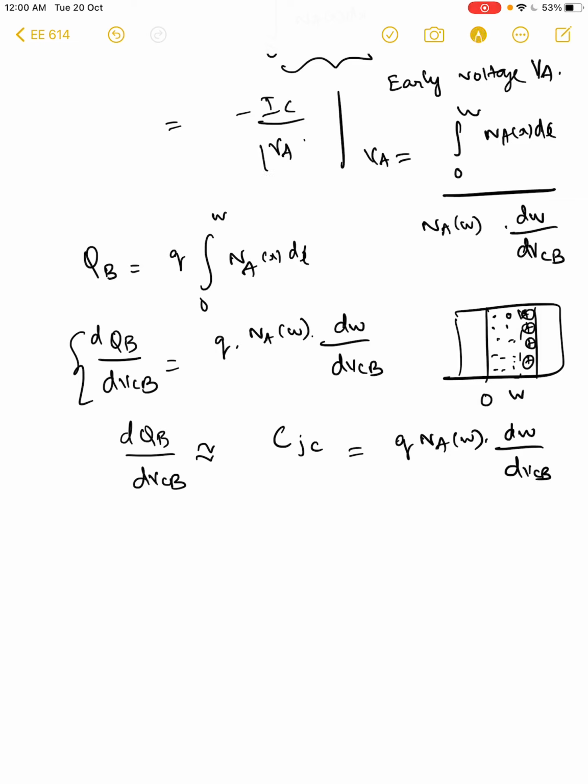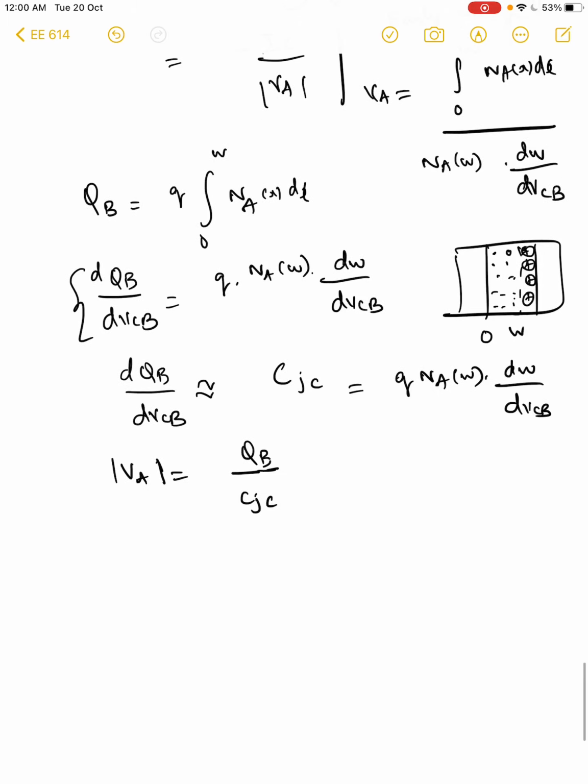So if this is substituted, I can easily see that it's actually a modulus of VA. Modulus of VA is basically QB by CJC. So the actual Early voltage VA is proportional to the total doping, the integral of total doping density in the base, and inversely proportional to the depletion capacitance in the base collector junction, right?